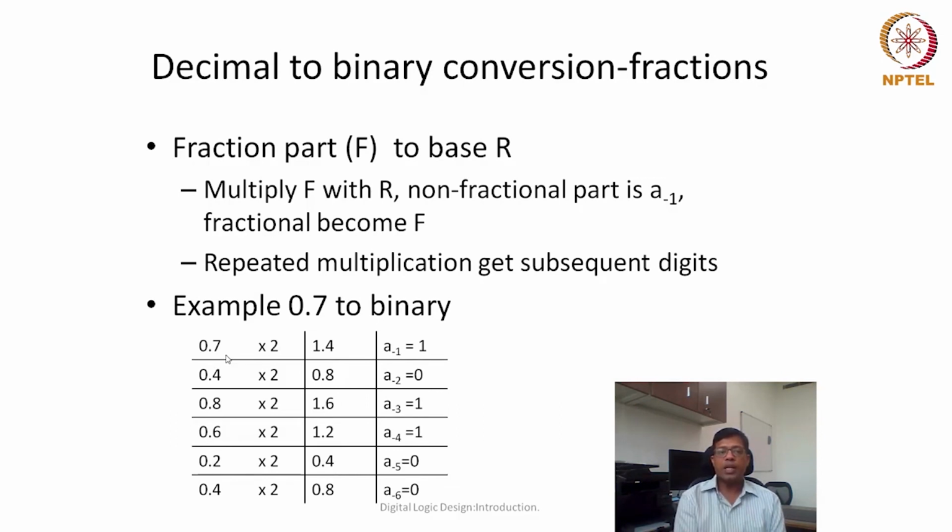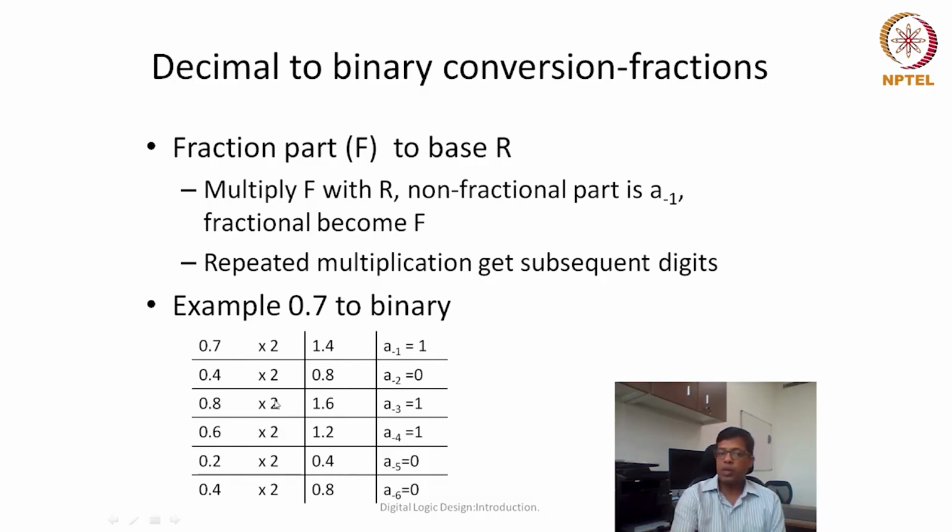The non-fractional part is 1 and the fractional part is 0.4. So a minus 1 is 1. Now we take the fractional part 0.4 and multiply again. This is 0.8, and because the integer part is 0, a minus 2 is 0. We take the fractional part, which is 0.8.